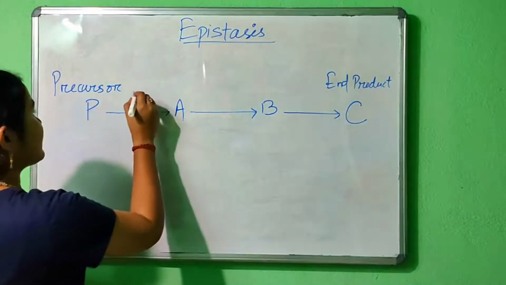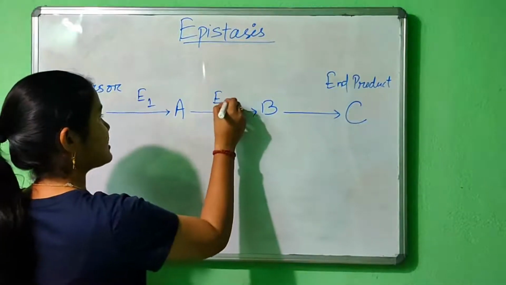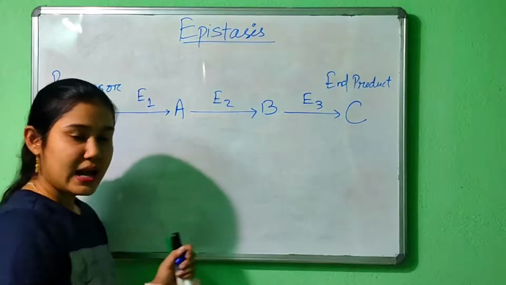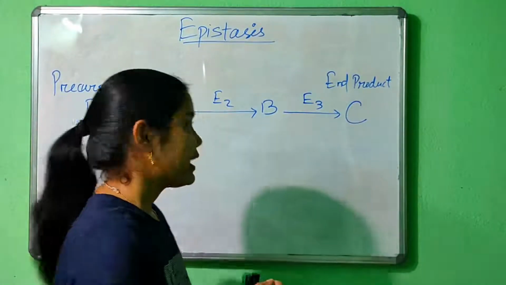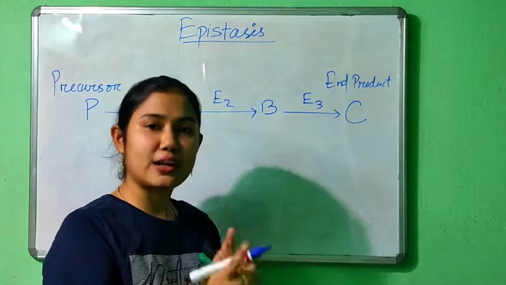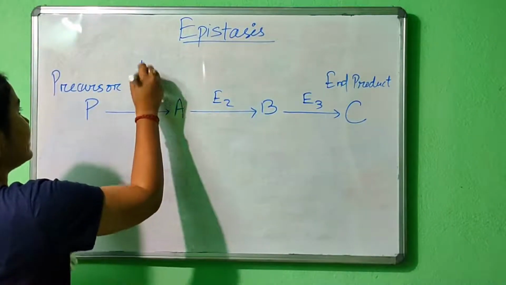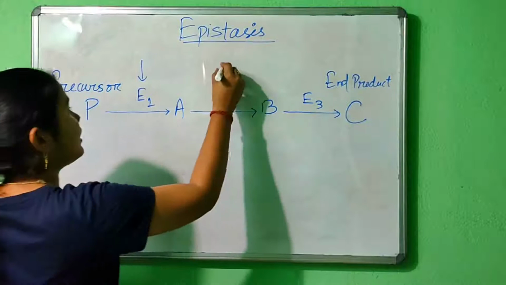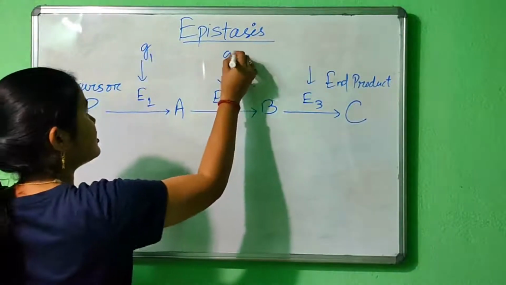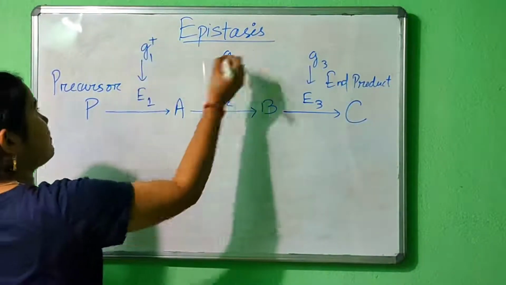So let us take the enzymes for these steps as E1, E2 and E3, clear? And previously I have told you that the production of each enzyme is ultimately regulated by a specific gene, right? So let us take 3 wild type genes, G1, G2 and G3, and for wild type let us write plus.